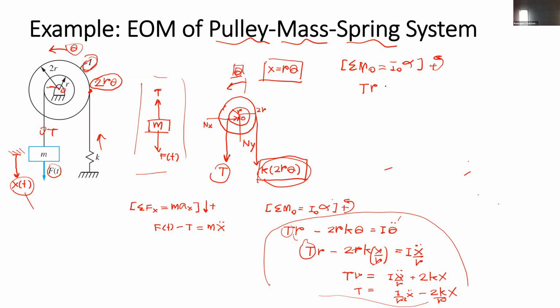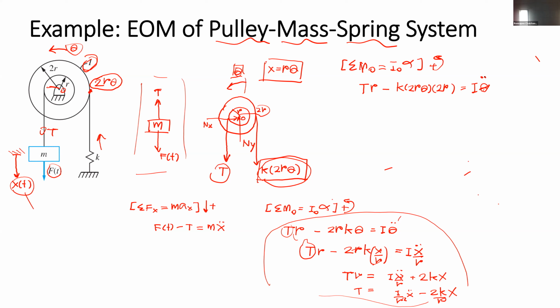But the spring force multiplied by 2r is in the clockwise direction, so it's negative. The spring force is k 2r theta, multiplied by the radius 2r, will equal I theta dot dot.